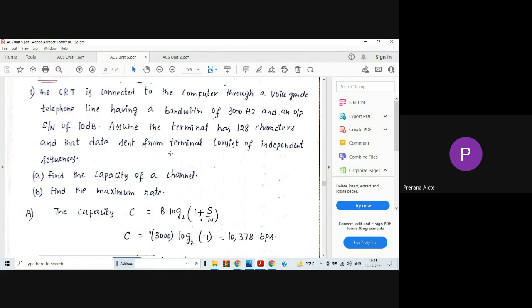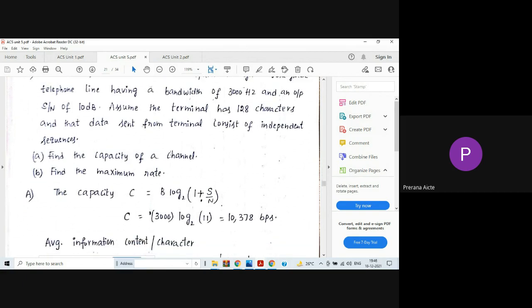They have given the bandwidth and the signal to noise ratio of 10 dB, and they are transmitting 128 characters. We need to find the capacity of the channel and also the maximum rate.